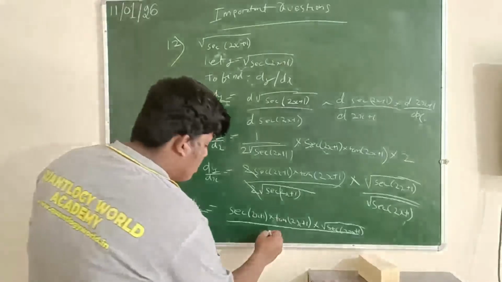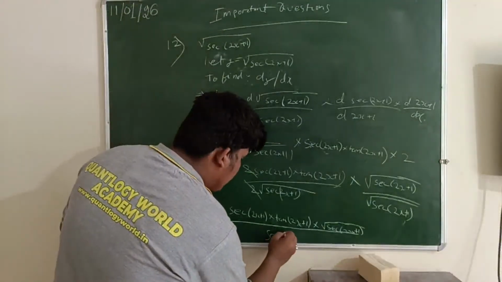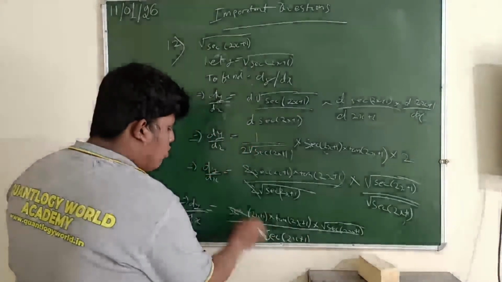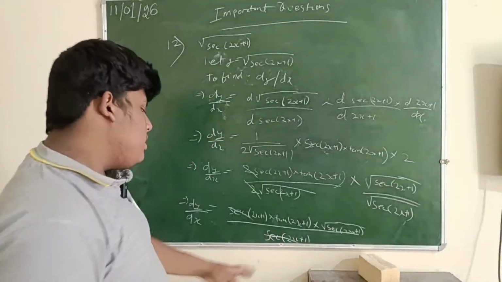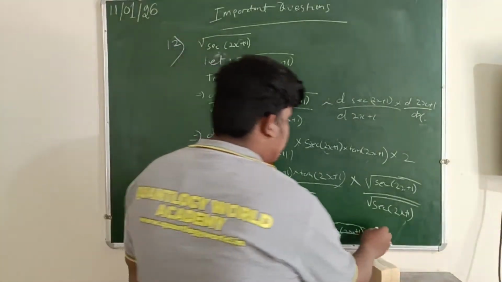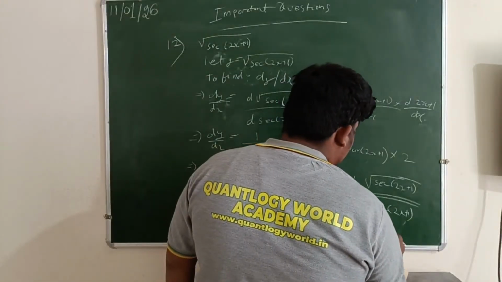This root will be cancelled, so sec 2x plus 1 and sec 2x plus 1 will be cancelled. So the final answer is tan 2x plus 1 into sec 2x plus 1 over root of sec 2x plus 1. This is the final answer.